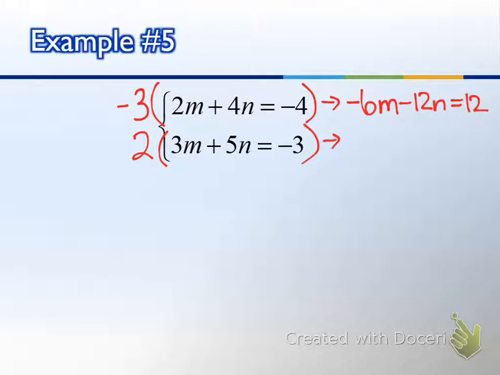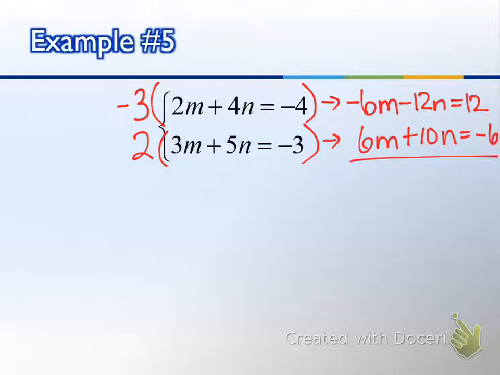Maybe some new voices. Devin, I haven't heard your voice yet. What would I get if I multiplied the whole bottom equation by 2? 6m plus 10n equals -6.